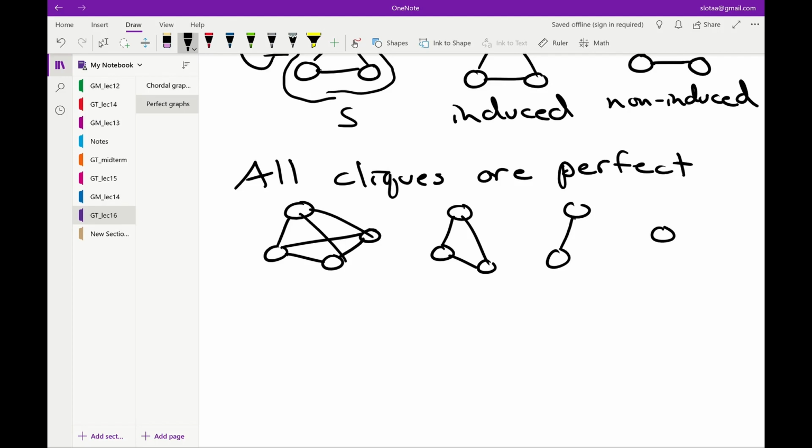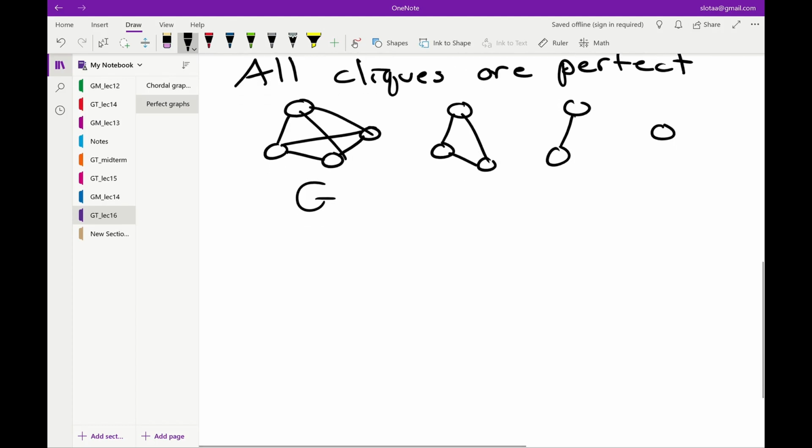So all cliques are perfect, because we can color G here in exactly 4 colors, and an induced subgraph on 3 vertices, regardless of which 3 vertices we select, is going to be isomorphic to each other. It's just going to be a triangle, which is also a clique, and the chromatic number is equal to the cardinality of the vertex set there, and the same thing for 2 vertices and 1 vertex.